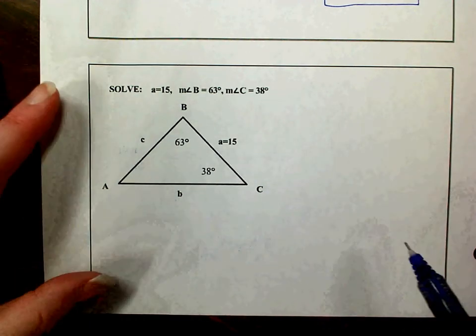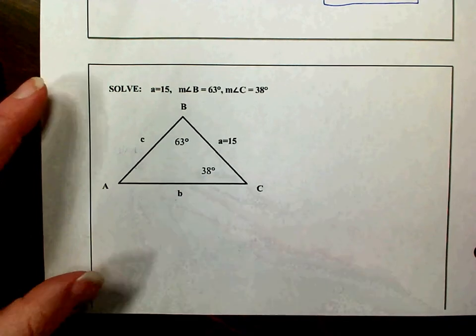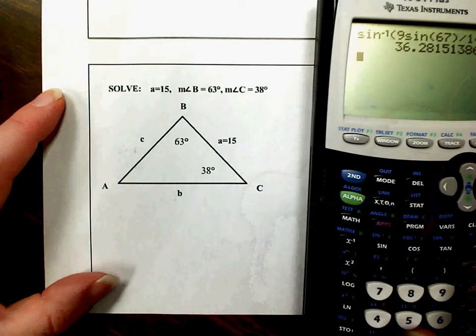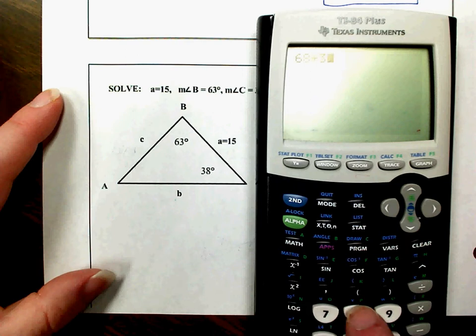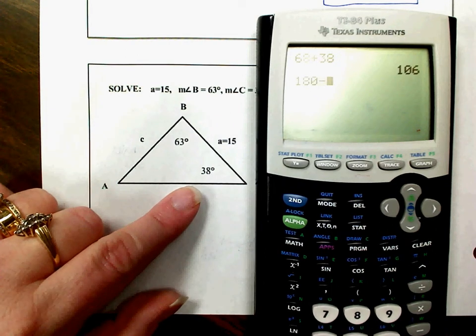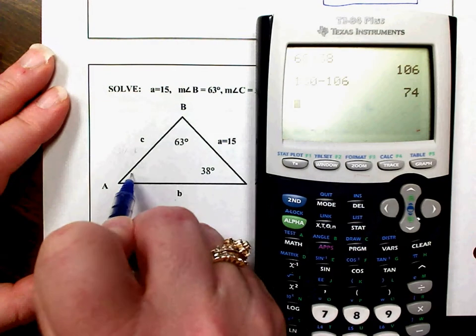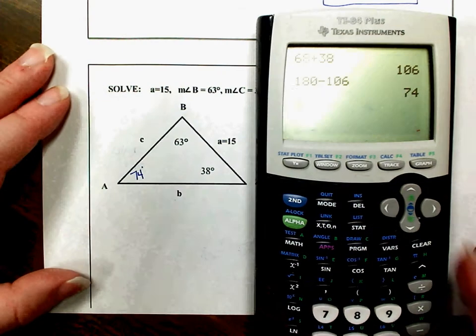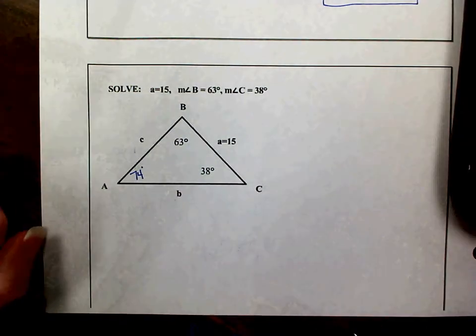Well, since I'm given 2 of the angles, I can find the measure of angle A using the Triangle Sum Theorem. All I need to do is add the 63 and 38 together for the 2 angles I'm given, and subtract that from 180 to get the missing angle to be 74 degrees. So I know the measure of angle A has to be 74 since those 3 have to add up to 180.